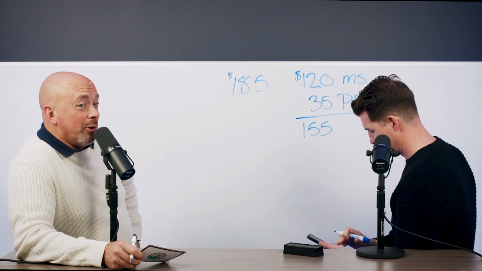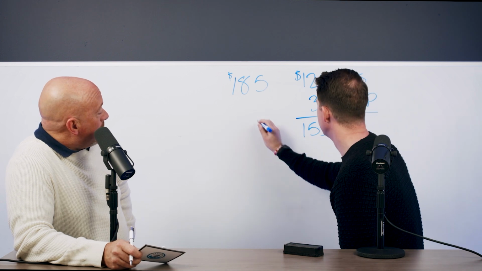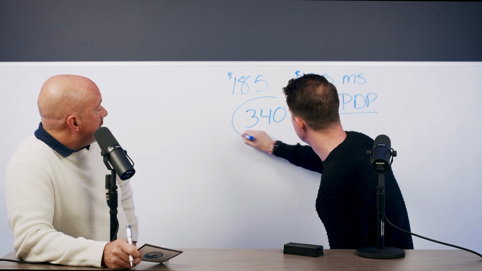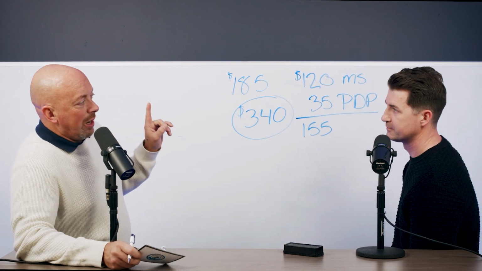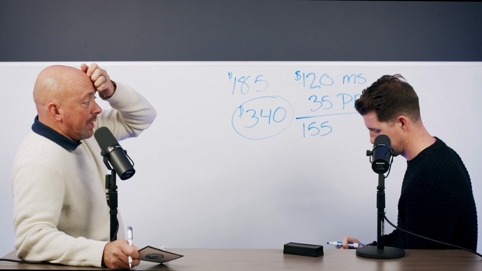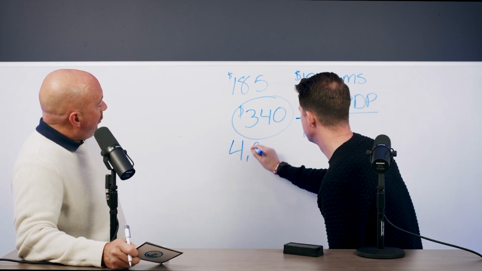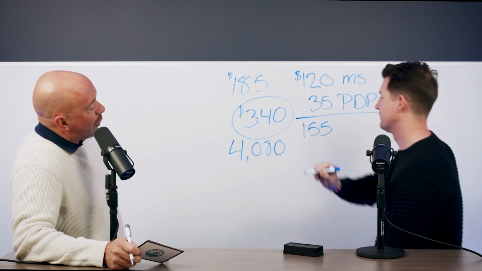You will find out, folks, that I never do math in public. We come up with a grand total of $340. Now, I will take that times 12, and I'll show you why. If I take 340 times 12, I come up with $4,080.